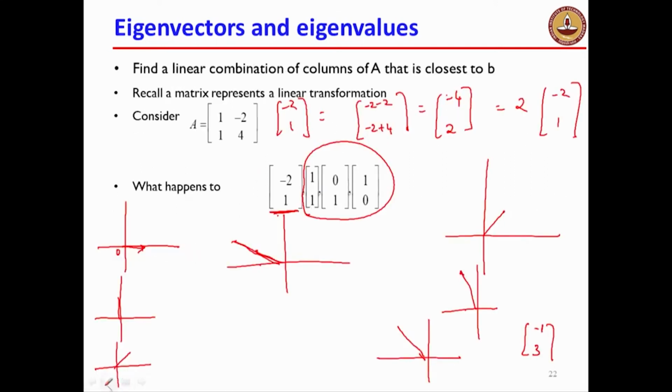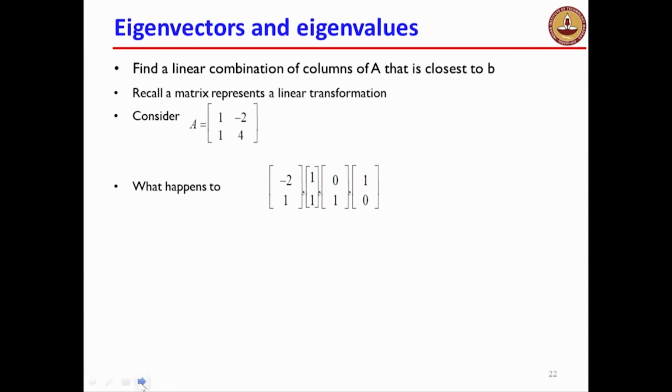Let me go back here. I am going to write this as lambda times I times x, and I will bring everything to the left hand side. Ax minus lambda I times x equal to 0. And now I can do this.